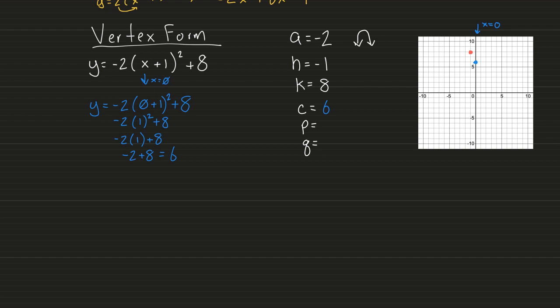Now, the harder one before, we did talk about this a little bit, is just thinking about, well, hey, wherever the x-intercepts are, y is going to equal 0. And so we can do that. We can set this y equal to 0. Let's see if we can figure that out. So we have 0 equals negative 2 (x plus 1) squared plus 8.